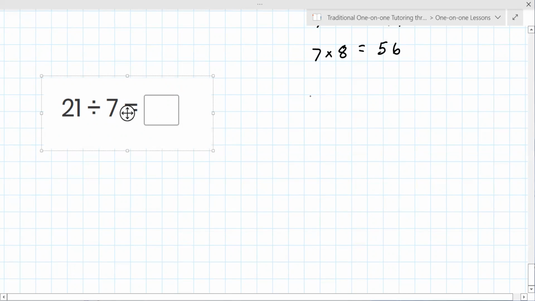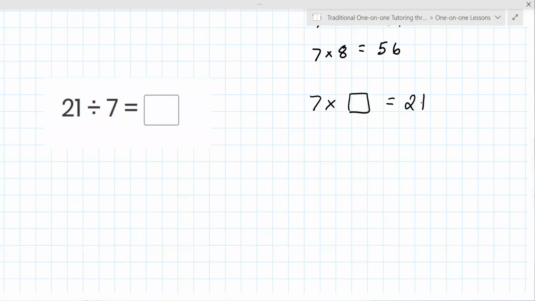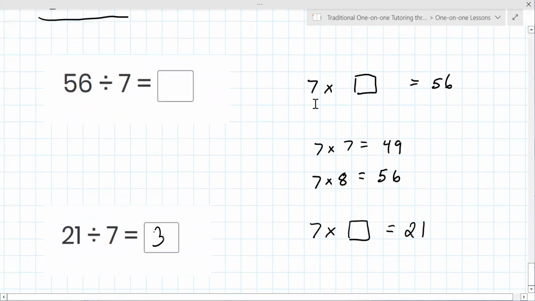So another way to look at this problem, Michael, is 7 times some number is 21. Three. It is 3. Perfect. And actually, I didn't write the answer back in here, so we'll do that now.